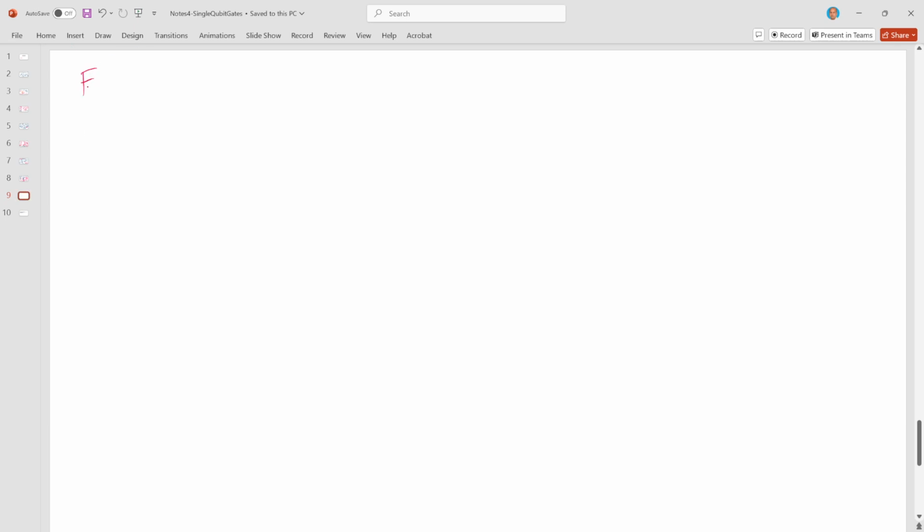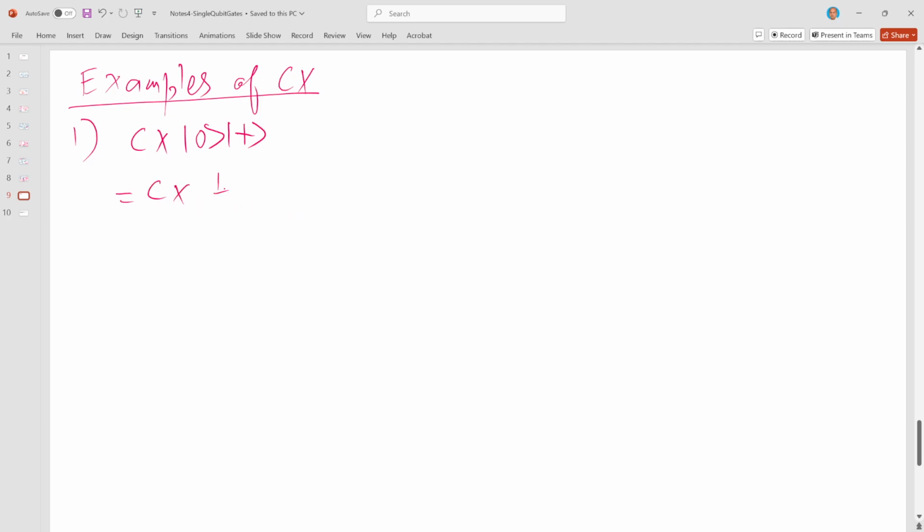So example of operation of control X gates. Let's take a control X applied to the 0 plus state. Which means that I have to apply control X gate to 0, 1 over square root 2, (0 plus 1).